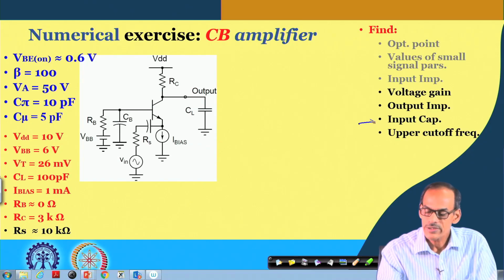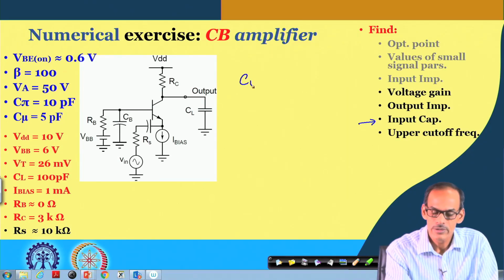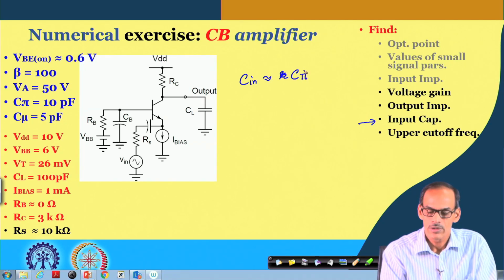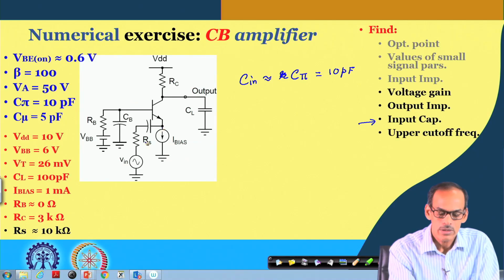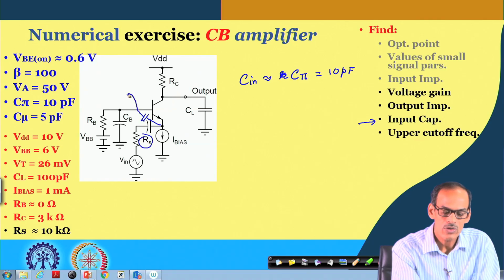What we would like to say is that the input capacitance C in is C pi, and this is 10 picofarad, and then this R S and whatever capacitance we have here, the other end of this capacitance is AC ground.